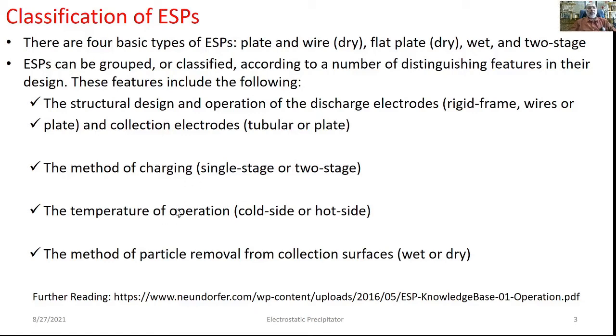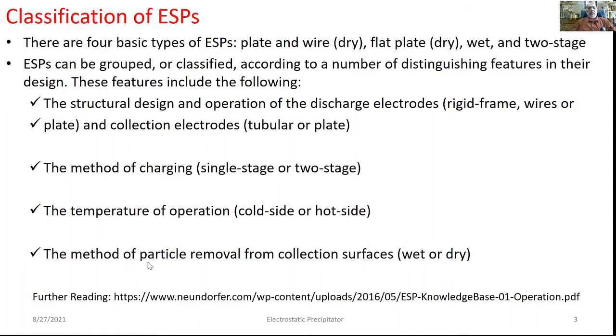The third feature is the temperature of the operation. It can also be said as the disposition of the ESP with respect to the boiler's position or say preheater's position.